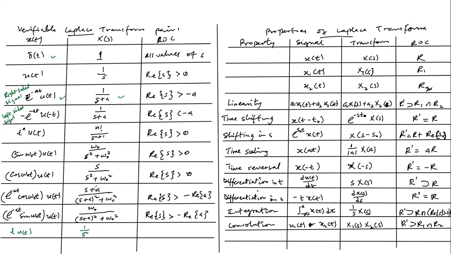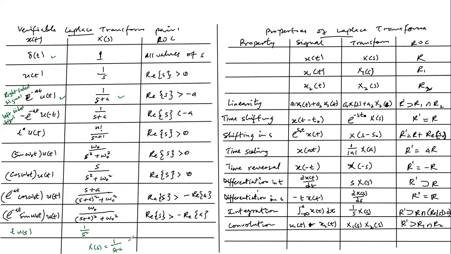But the interesting part in all of this is that should we have something like this, probably you already solved it. And solving, you saw that X(s) is the same as 1 over s plus a.